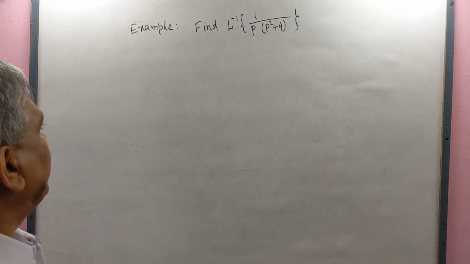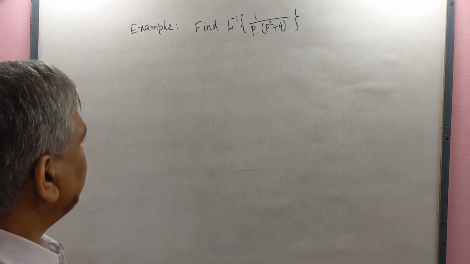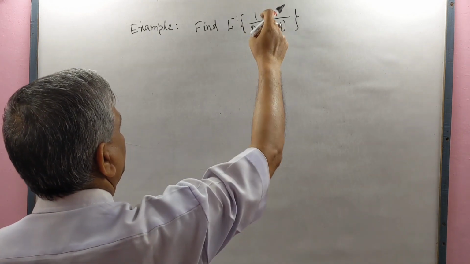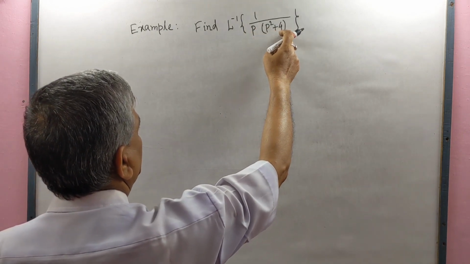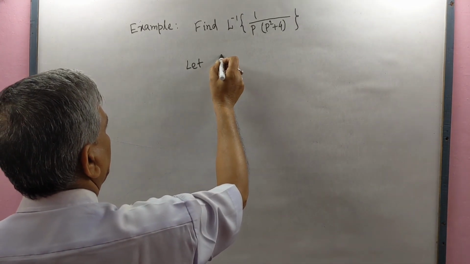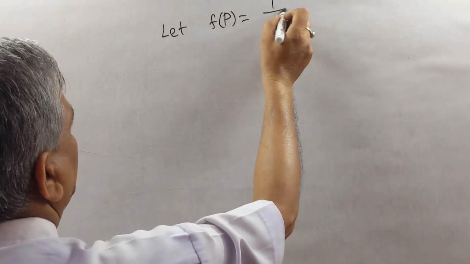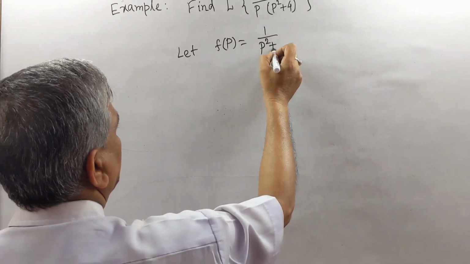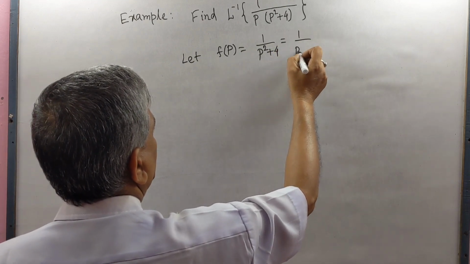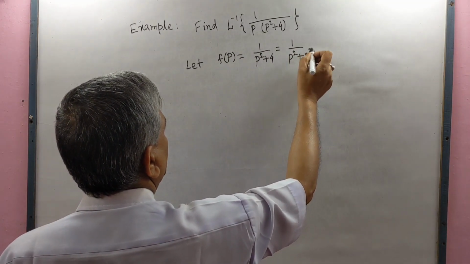Now we shall give an example for division by p. Find L inverse 1/(p times (p square plus 4)). Let f(p) equal 1/(p square plus 4), which equals 1/(p square plus 2 square).